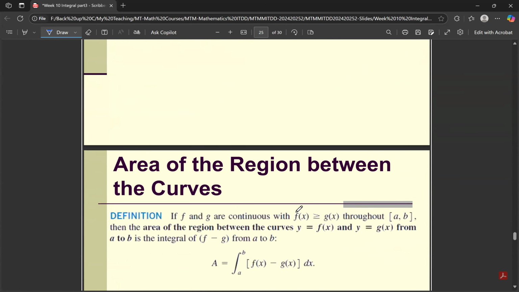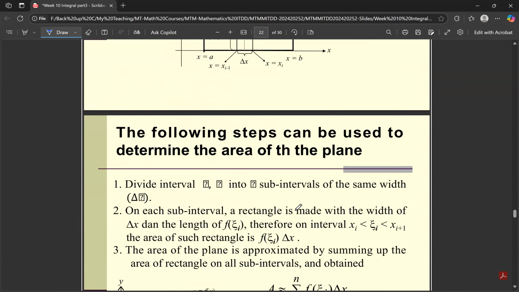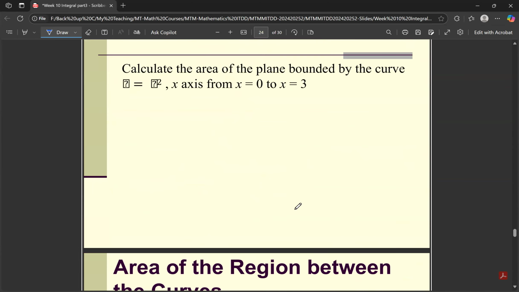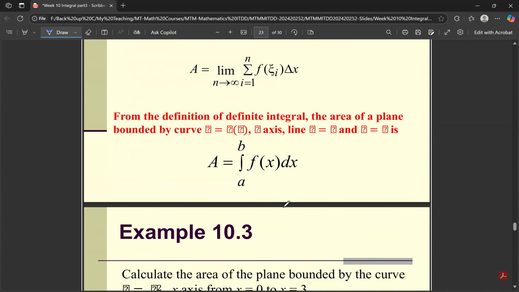Okay, after we know the definite integral, we can apply the integral. I write it for you. This is f(x), the function of x.